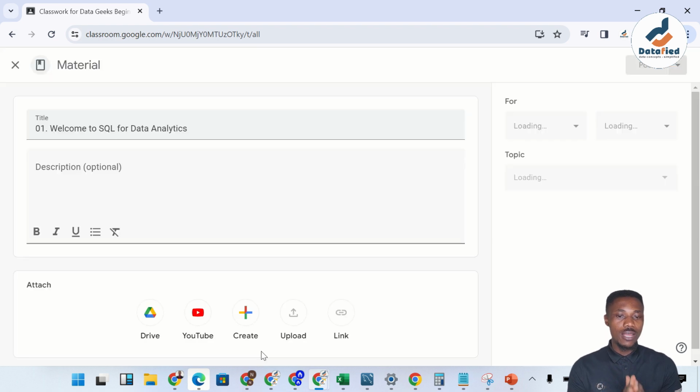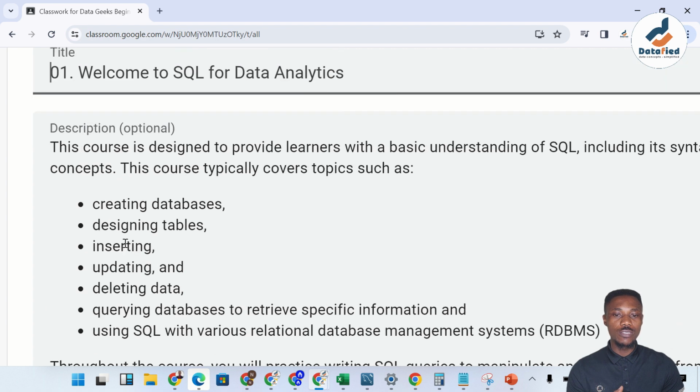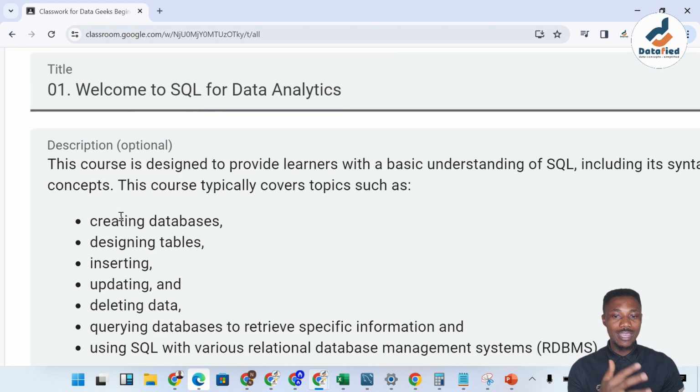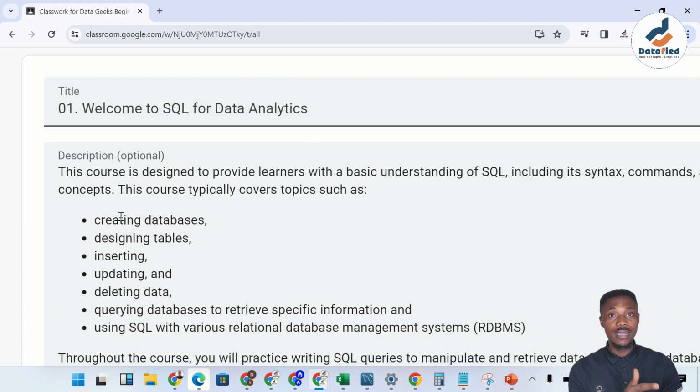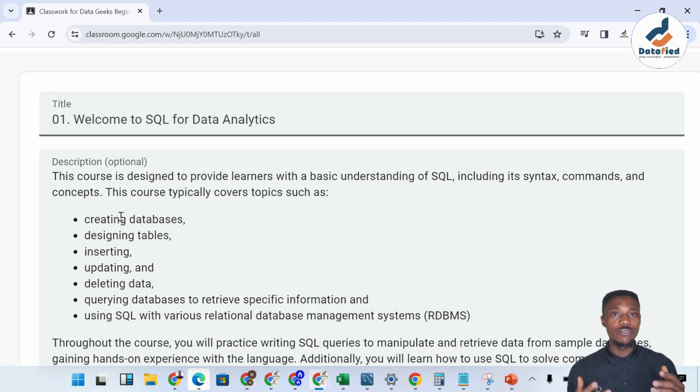So here's the material. In this course, of course, we shall begin with SQL. This course, like I said earlier, is designed to help you understand the basic syntax and concepts in SQL, which includes the syntax, the commands, and various interesting concepts. So in this course, we shall typically cover the following topics. We'll begin with how to create databases.